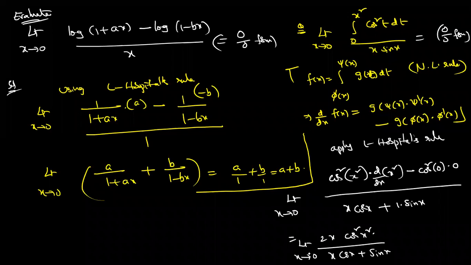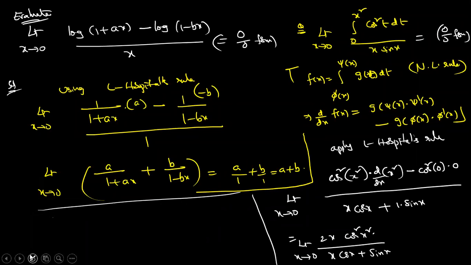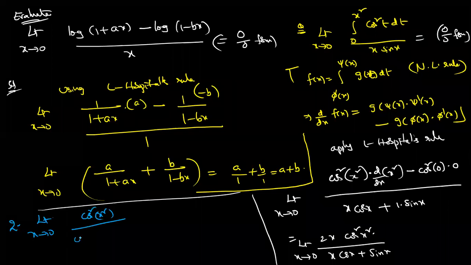Limit x tends to 0. Now, multiply and divide with x. See carefully. What is the next step? Limit x tends to 0, 2 is the constant, cos square x square by (cos x plus sin x by x).